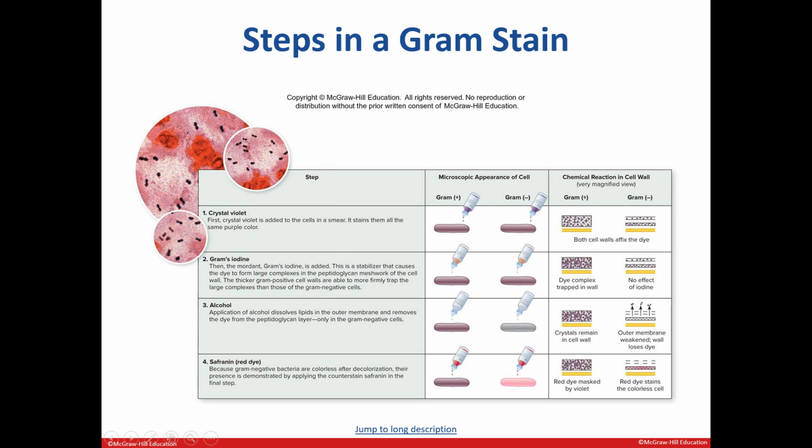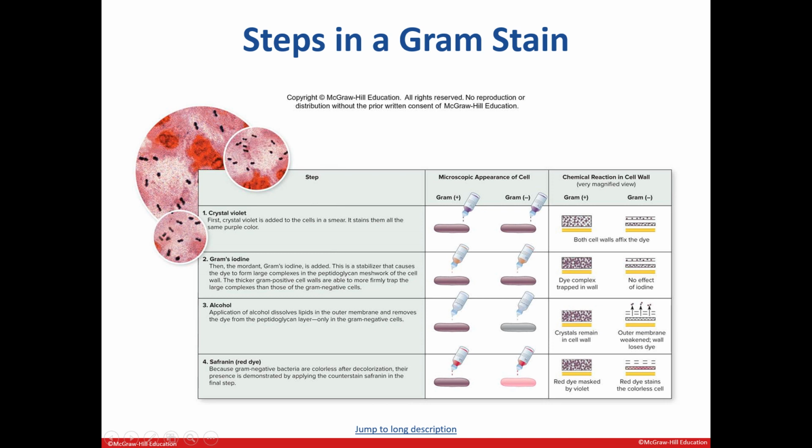Next is the most crucial step, which is the addition of alcohol, which dissolves lipids in the outer membrane and strips the color from the cell wall. After this, you can see the gram-positive cell retains the crystals and still appears purple, while the purple leaks out of the thin cell wall of the gram-negative cell, so it would be colorless.